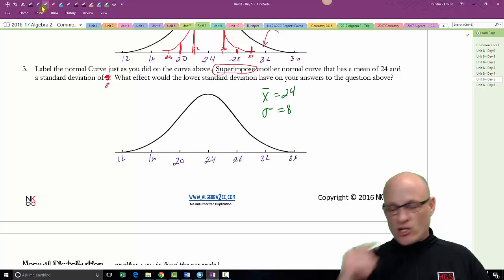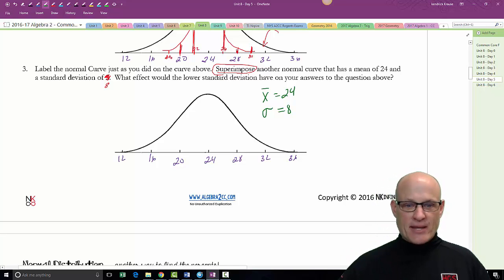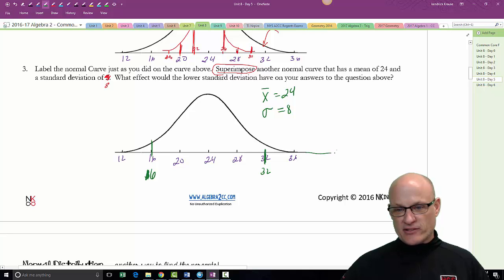I'm going to label a curve that has a mean of 24, but now its first standard deviation is going to be 8. So that's one standard deviation up here at 32, and one standard deviation down here at 16. Now two standard deviations would be up here at 40. Since the PSAT doesn't even go above 40, that doesn't even make any sense.